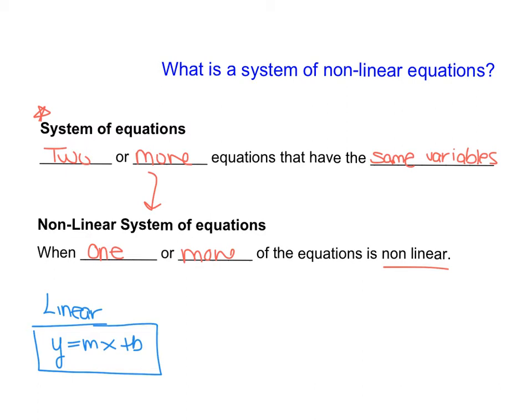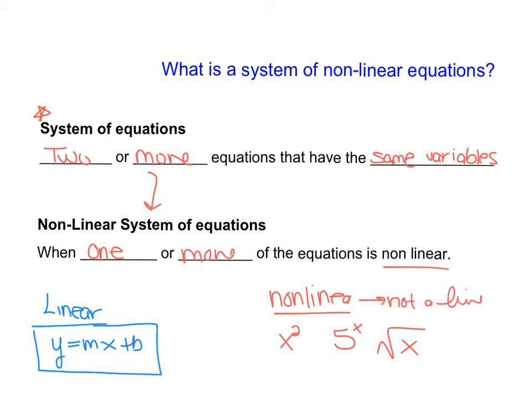Something that is nonlinear will typically contain things like an x squared, or 5 to the power of x, or a square root of x, or something else. It contains an additional function, and that is going to produce a graph that is not a line. So a nonlinear equation is anything that doesn't produce a line.